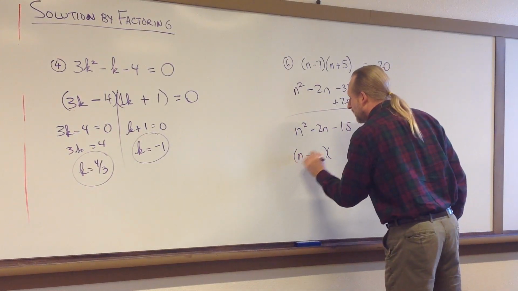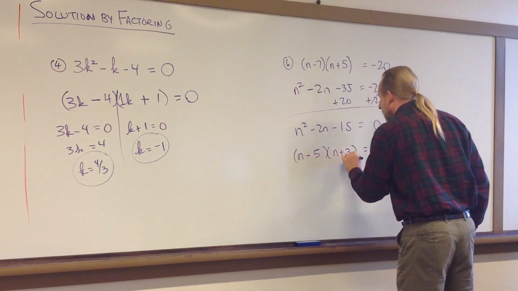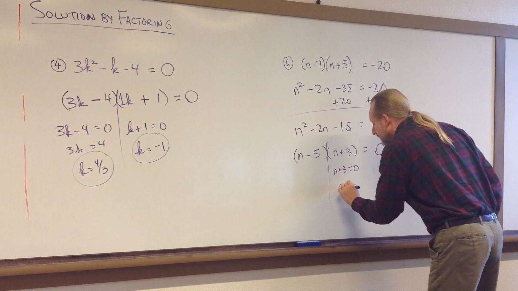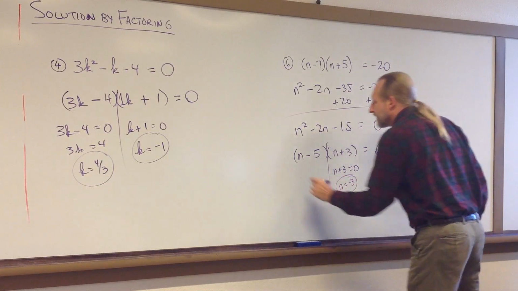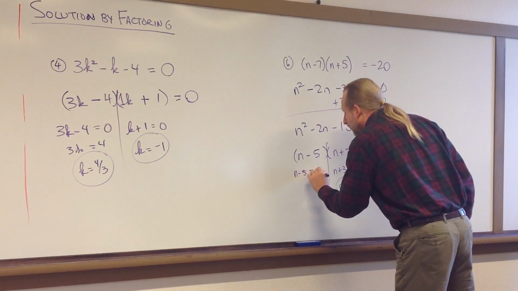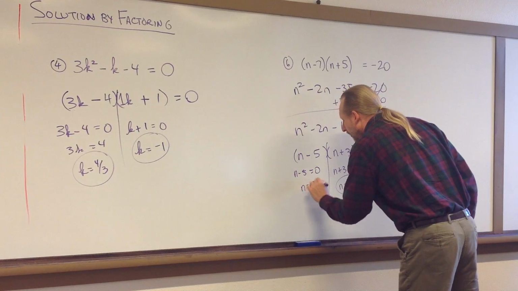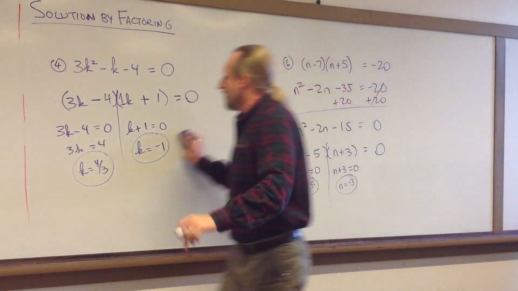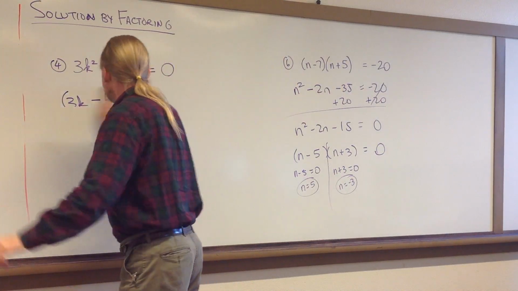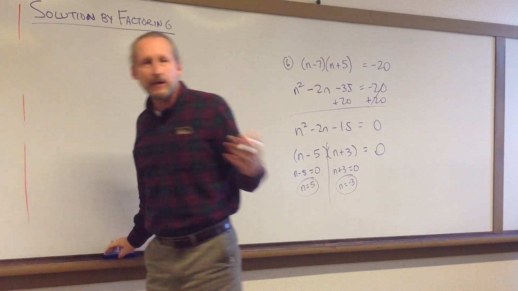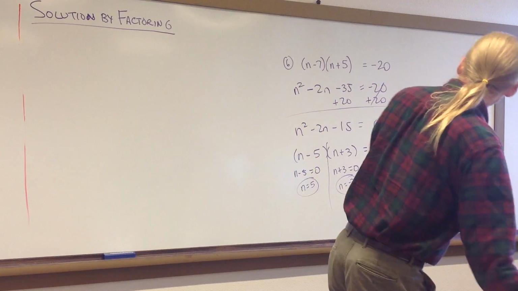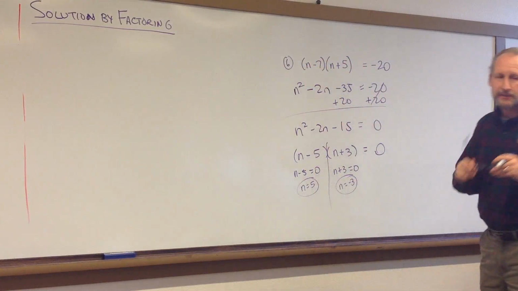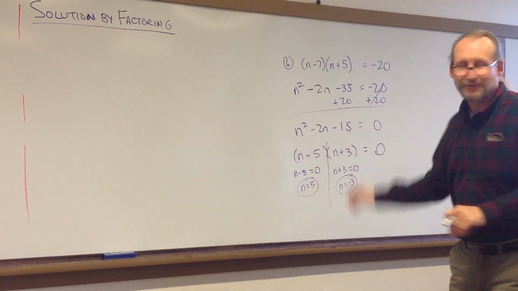This should be n minus 5 times n plus 3. So if n plus 3 is 0, then n equals negative 3. If n minus 5 is 0, then n equals positive 5. Okay. So that's the process for these, is simplify what needs to be simplified, move everything to one side of the equation, and then look to factor what's there.